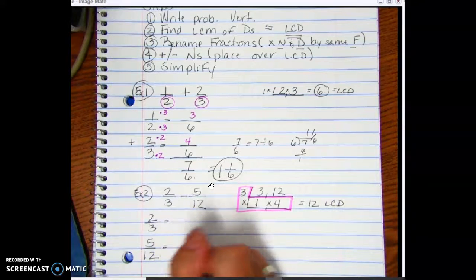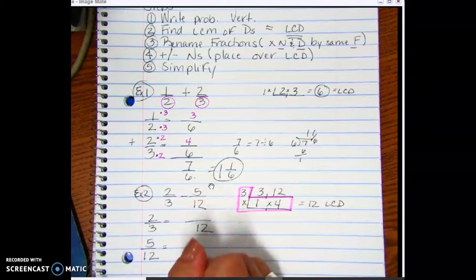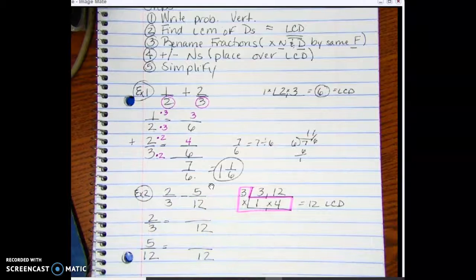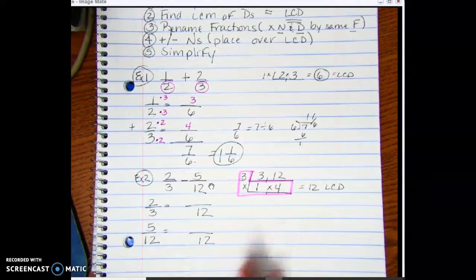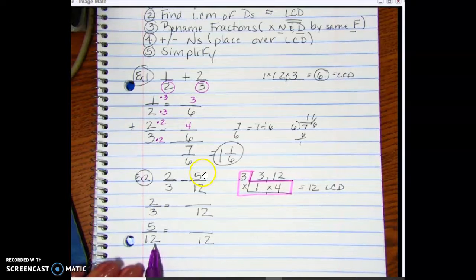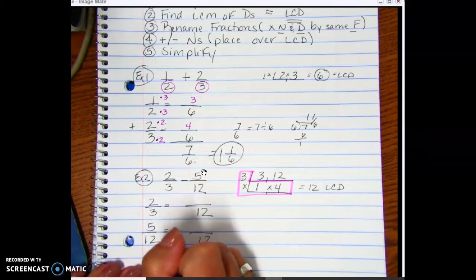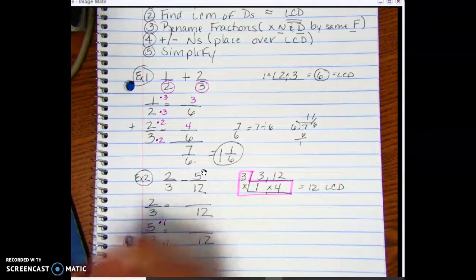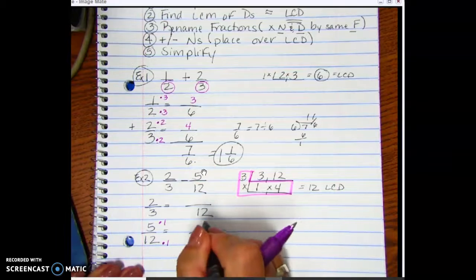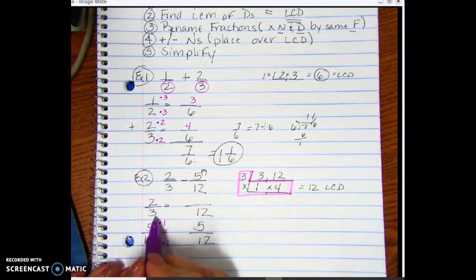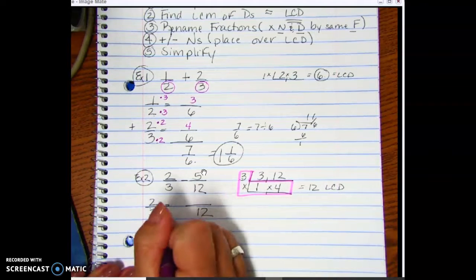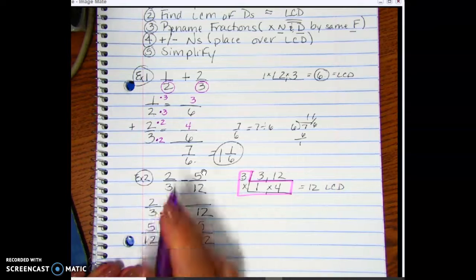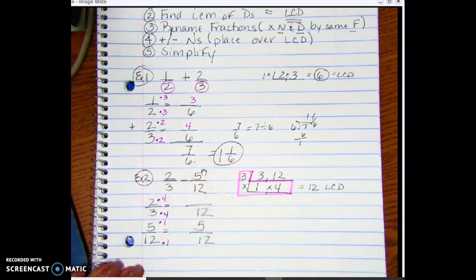So I'm going to start to rename by just writing my least common denominator. All right, so this is where we look and say, well, what did I do to 12 to get 12? Oh, it's the same number, so it has to be multiplied by 1. What did I do to 3 to get 12? Well, I had to multiply by 4, and whatever I do to my denominator, I do to my numerator.